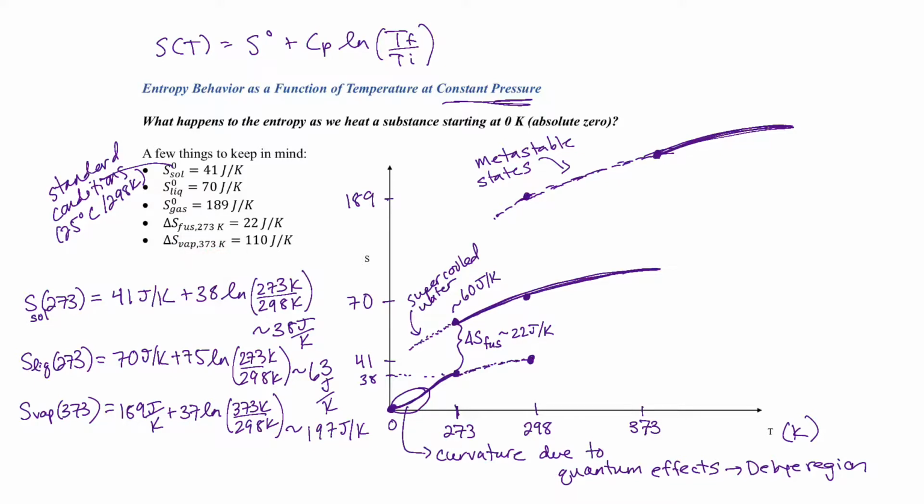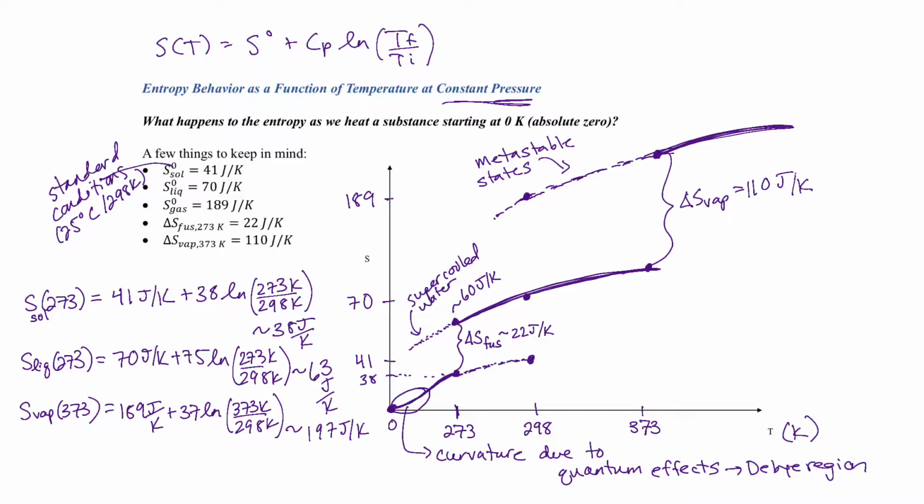That would be the phase change between our liquid phase and our gas phase, vapor phase. That's our delta S of vaporization at that temperature, which is approximately 110 joules per Kelvin based on the data we're given.